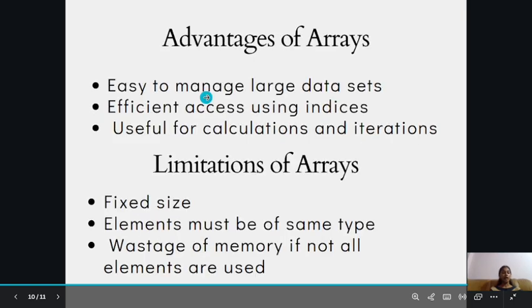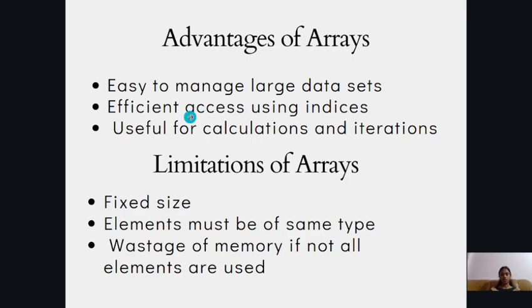The advantages of arrays: easy to manage large data sets, efficient to access using indexes, useful for calculations and iterations. Limitations of arrays: a fixed size. If you fix a size, you cannot change it again.